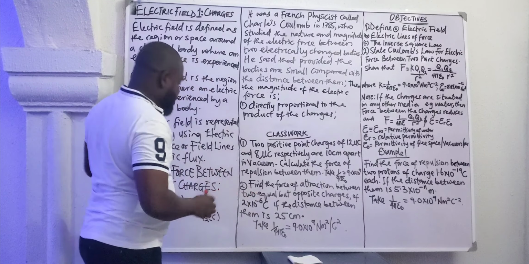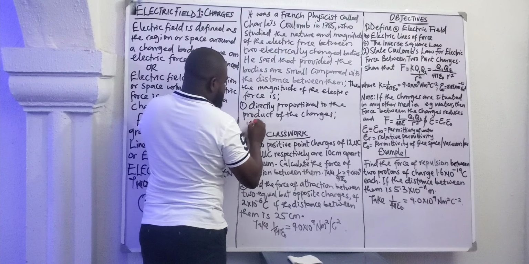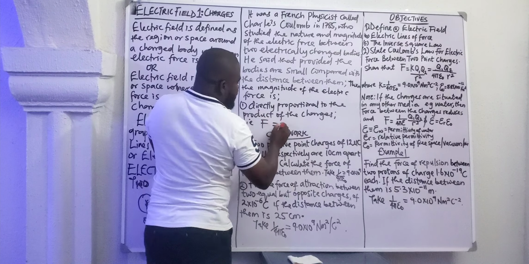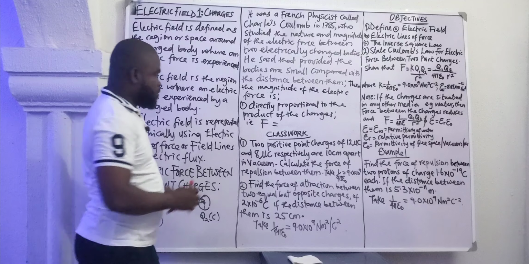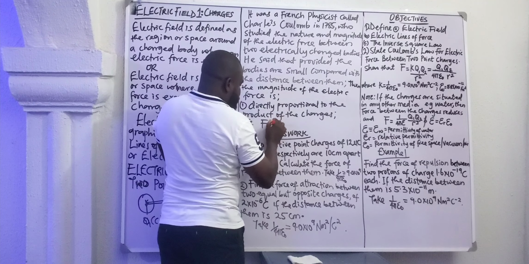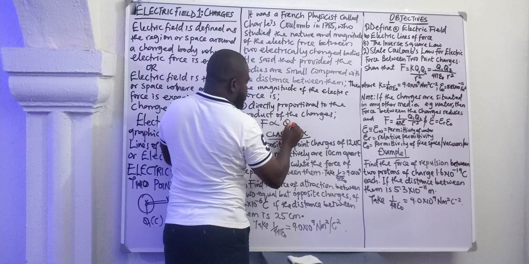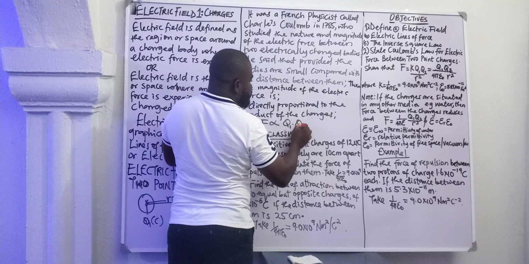How do I put that in symbols? That is, F for the electric force is proportional to Q1 times Q2.